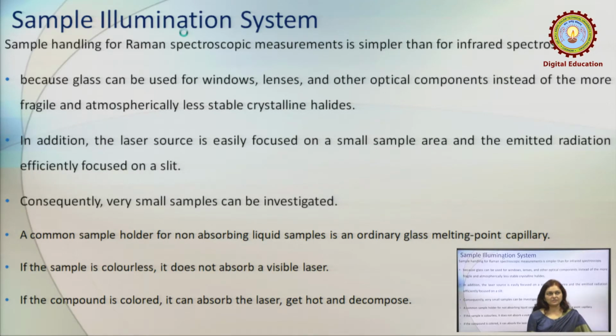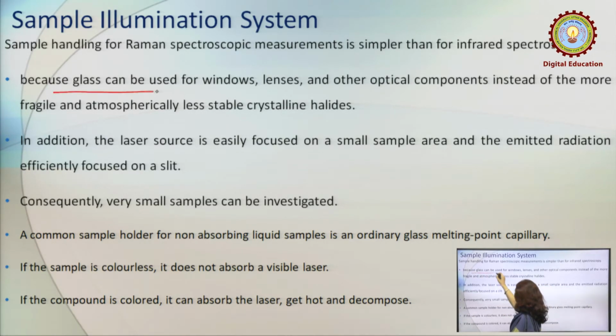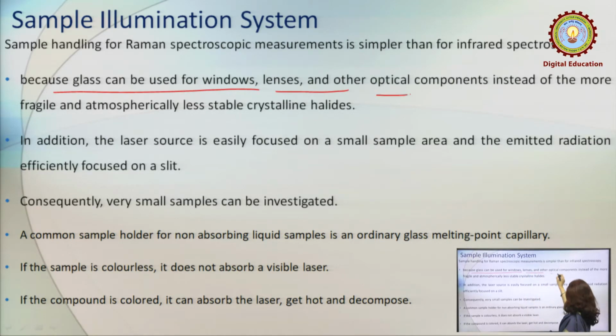Sample illumination system: how can a sample be illuminated in Raman spectroscopy? Sample handling is another important part. Sample handling for Raman spectroscopy measurement is much simpler than for IR spectroscopy, because glass can be used for windows, lenses and other optical components.